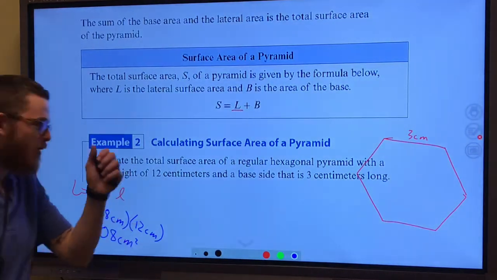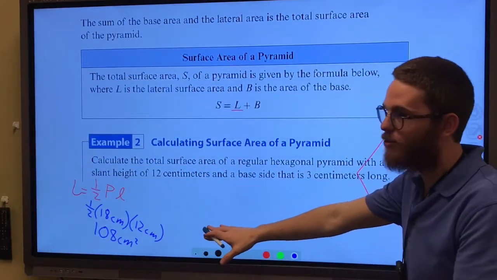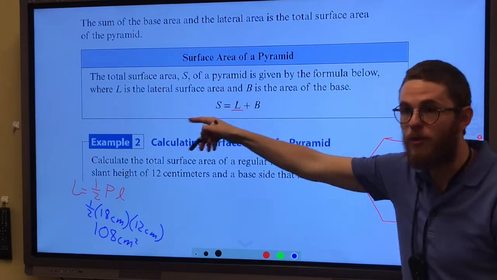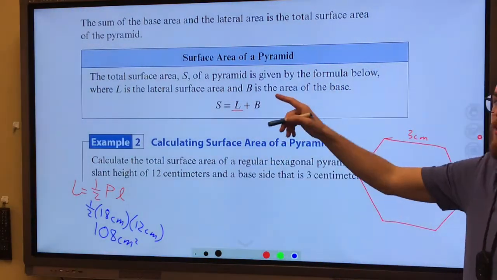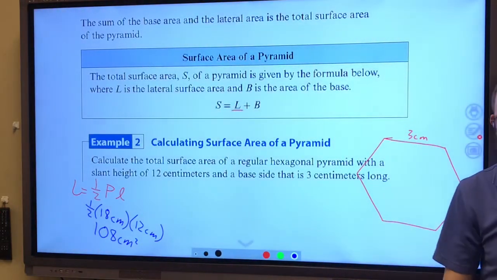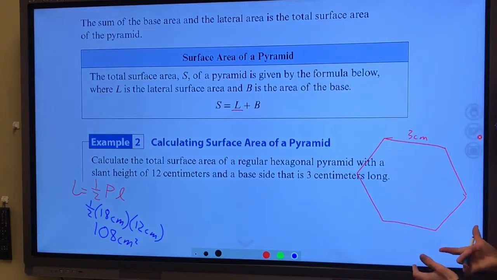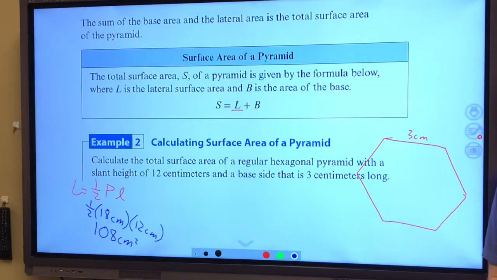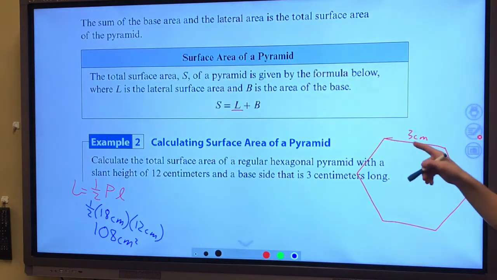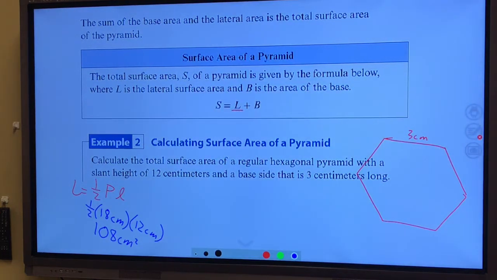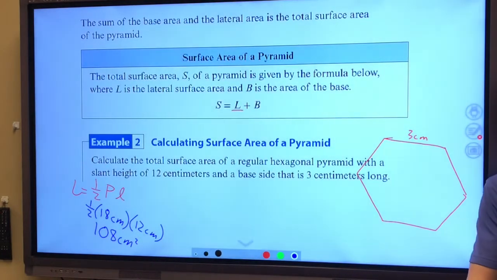All right, so now we've got our lateral surface area. Remember, we need a total surface area, so we also need the area of our base. I have a beautiful regular hexagon drawn here for us. Since one side is 3 centimeters, we know that all the sides are 3 centimeters.